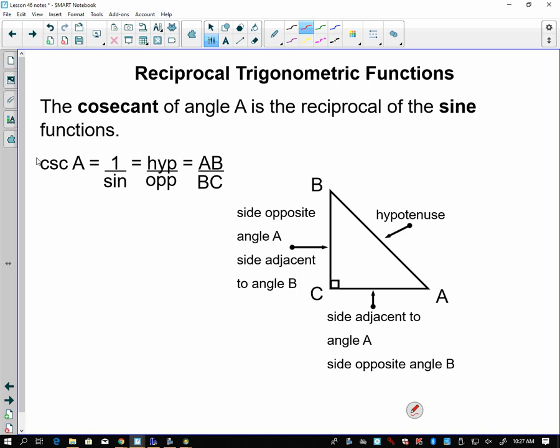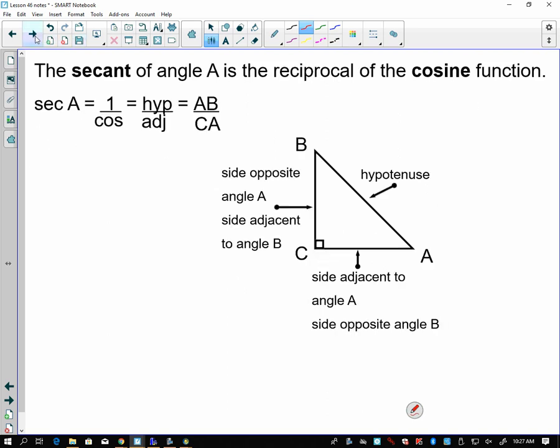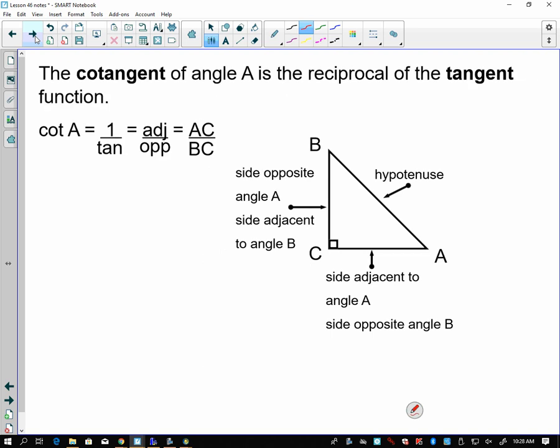The reciprocal to cosine is secant. So secant is hypotenuse over adjacent. Now the easy one is cotangent because it's just reciprocal to tangent. So I can remember tangent, cotangent are reciprocals. Cotangent is adjacent over opposite.